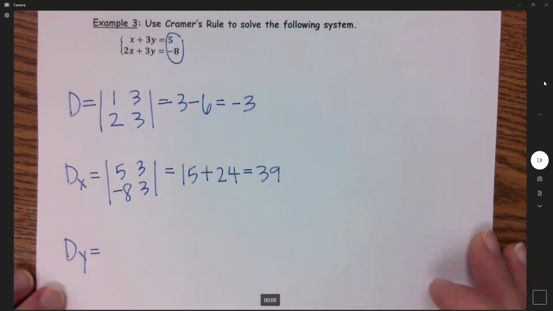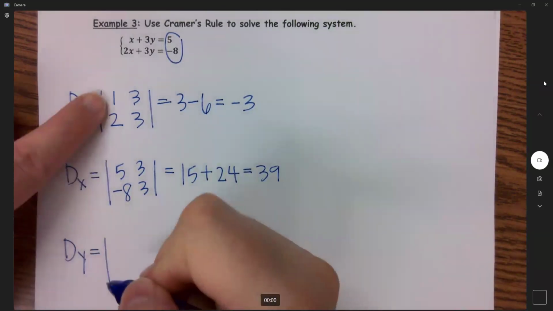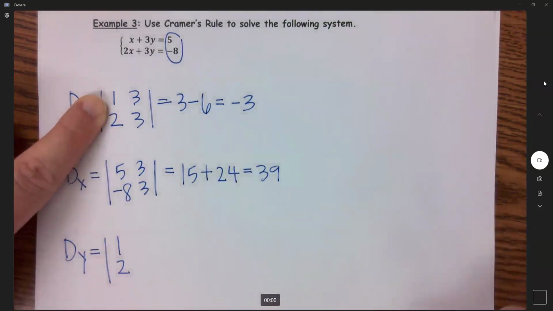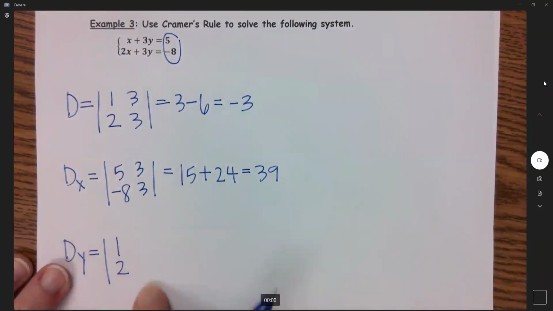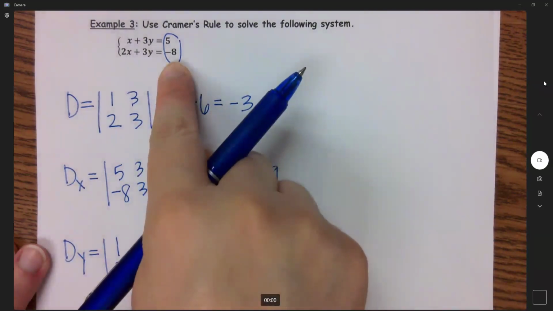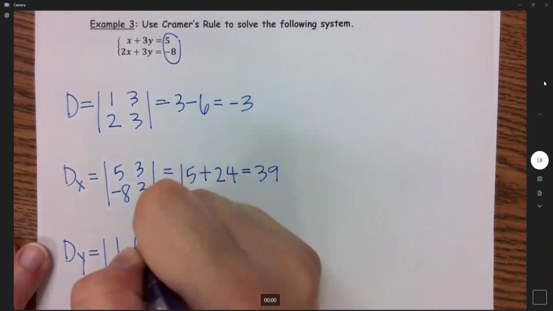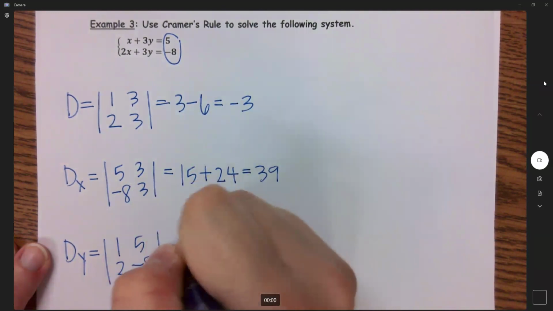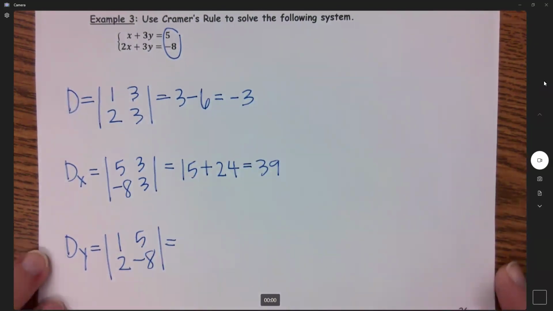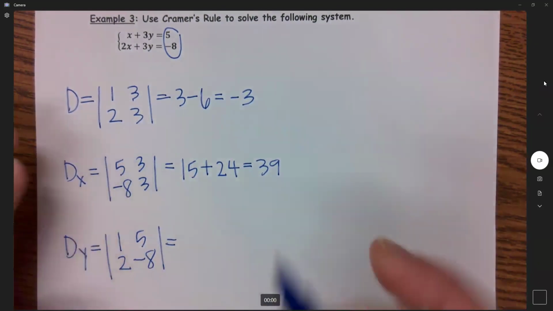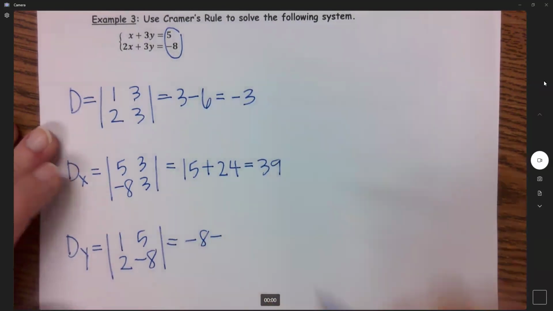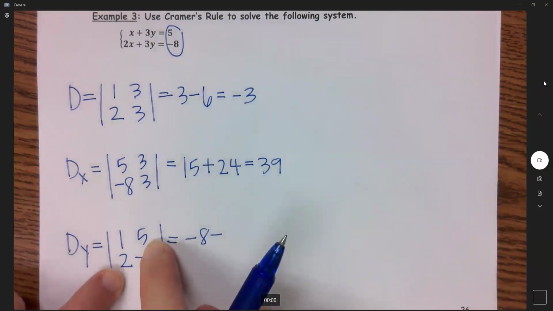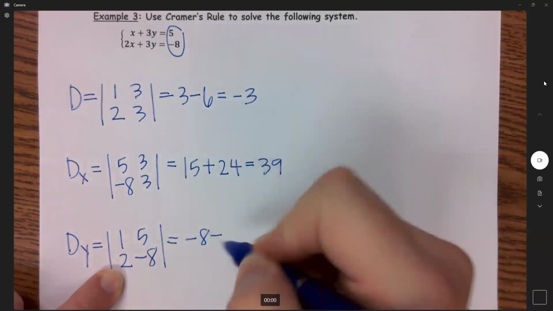And then D sub y, now my x column will stay the same as that 1 and 2, but now my y column gets replaced with what this equation equals, 5 and -8. So evaluate. A times d is -8 minus b times c, which is 10.